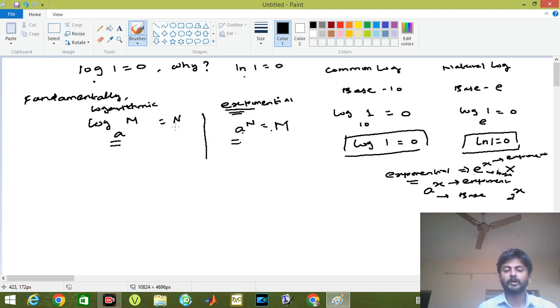The main variable in the logarithm becomes the result of the exponential form, and the result of the logarithmic form becomes the exponent in the exponential form.